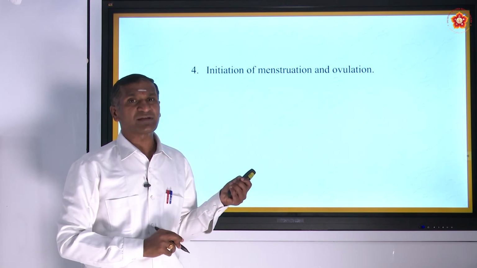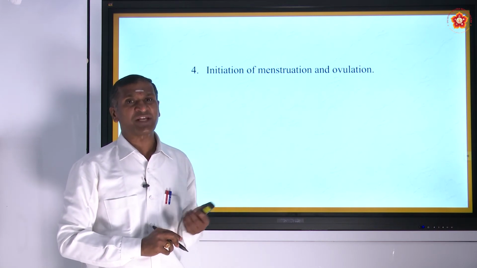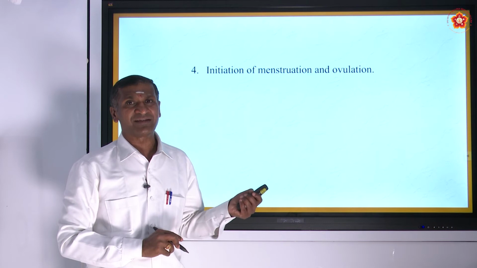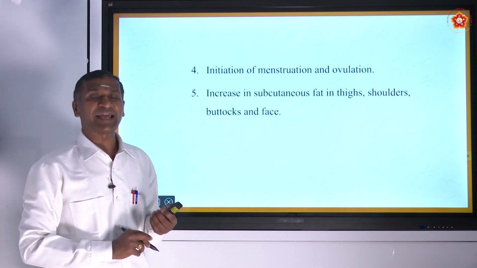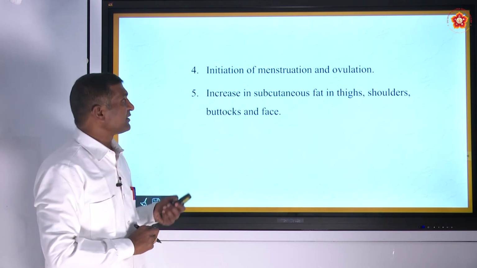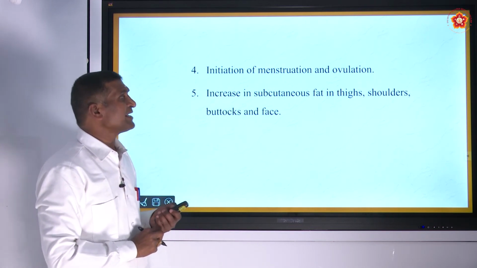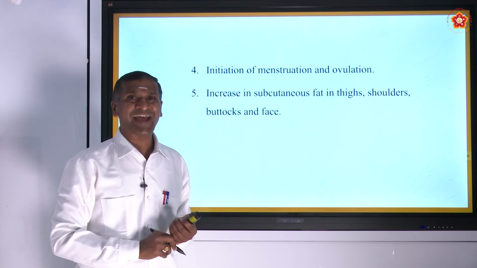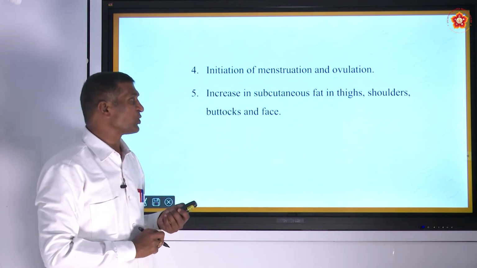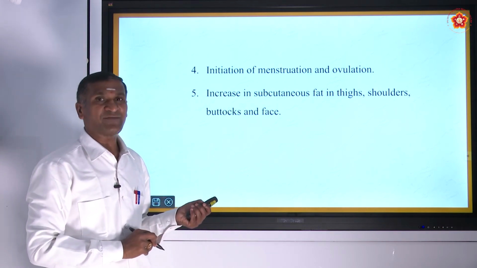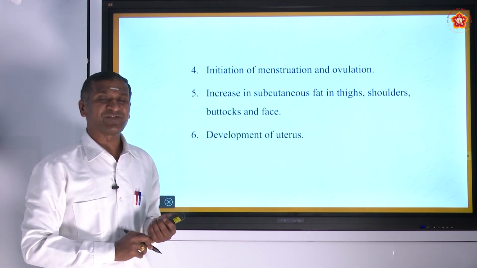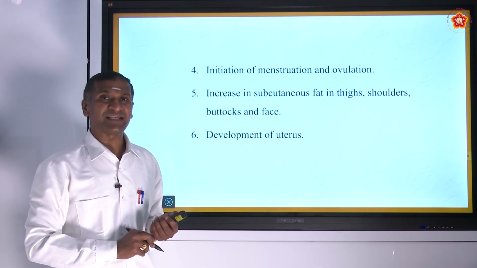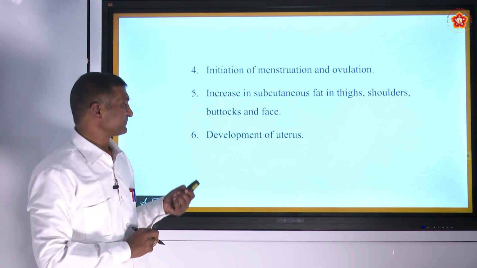We come across menstruation and ovulation in the further slides, where I will explain it to the extent possible. The fifth point, increase in subcutaneous fat in thighs, shoulders, buttocks and the face. Development of the uterus, where the girl is ready for pregnancy.